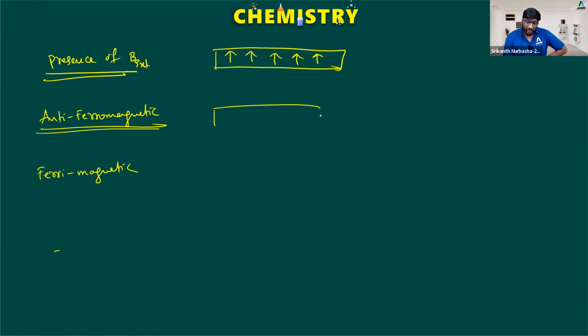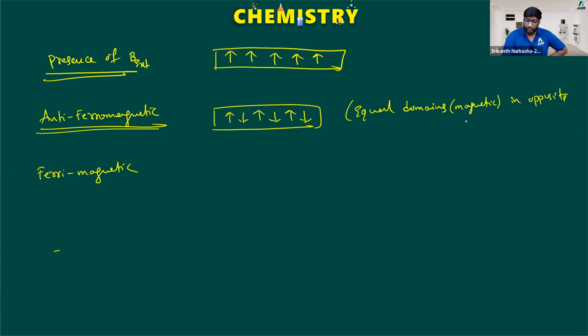We can have examples of magnetic domains arranged in this fashion: equal magnetic domains in opposite directions. This is the fourth one. For the third one, the example is Gd. Gadolinium is an example of a ferromagnetic substance.